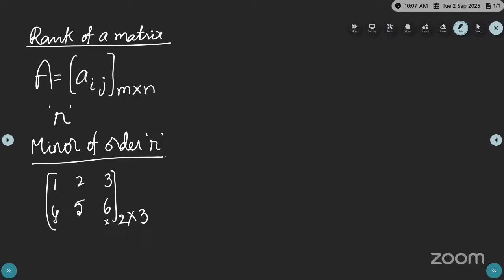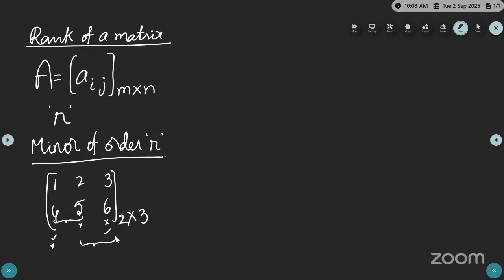If you keep these two. Now if you eliminate this, writing this one and this one: 1, 3, 4, 6. That is another submatrix. What is the determinant? 6 minus 12. What is it? Minus 6. Again, eliminate this, combine these two. 12 minus 15, minus 3.